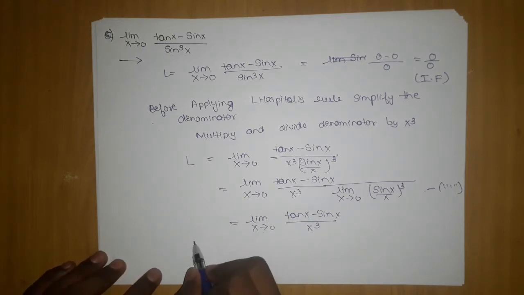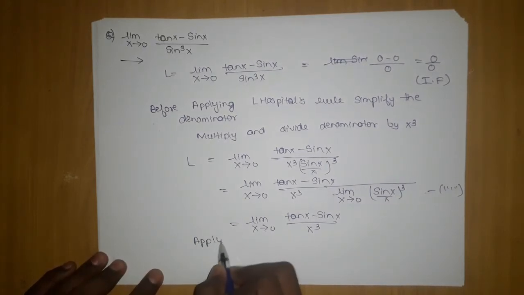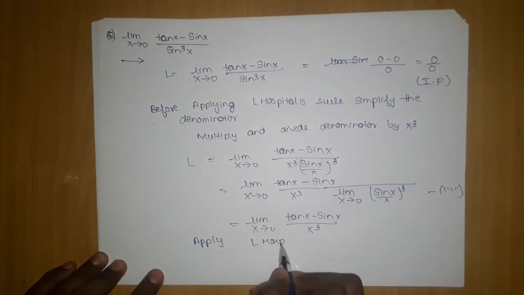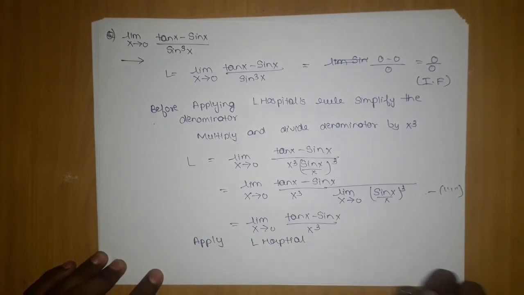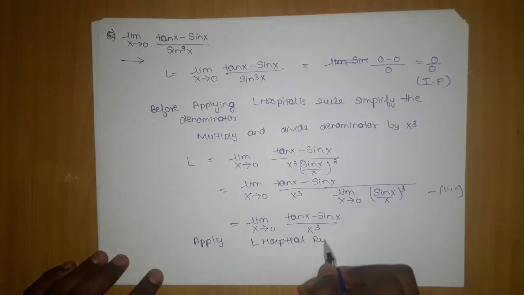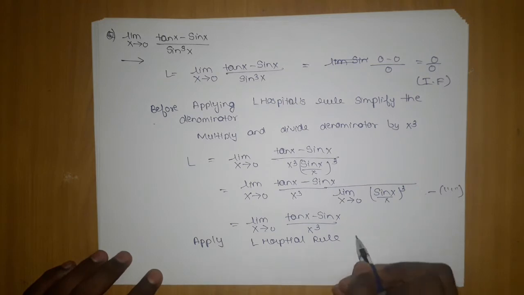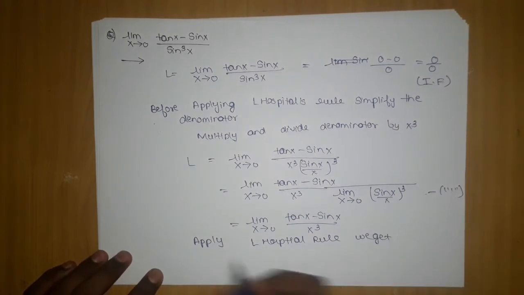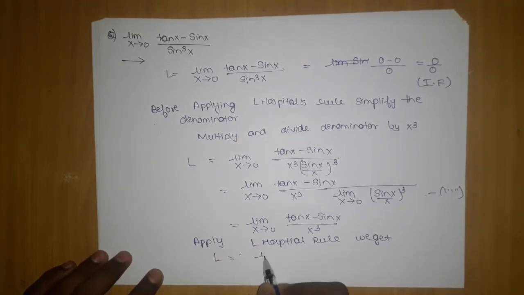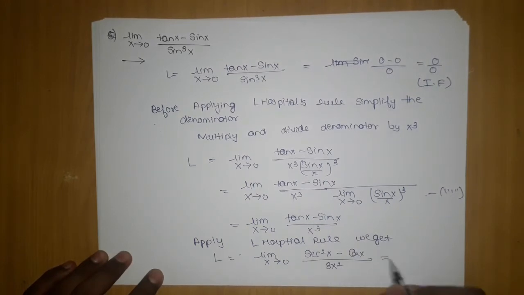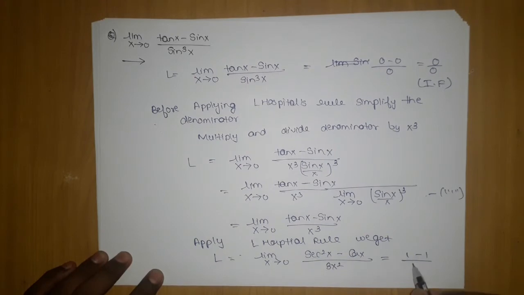Now do the similar thing which you do. Apply L'Hopital, sorry. Many children say L'Hopital's rule, that's why I frequently get forward. Apply L'Hopital's rule. We get, substitute the value, which is again an indeterminate form.